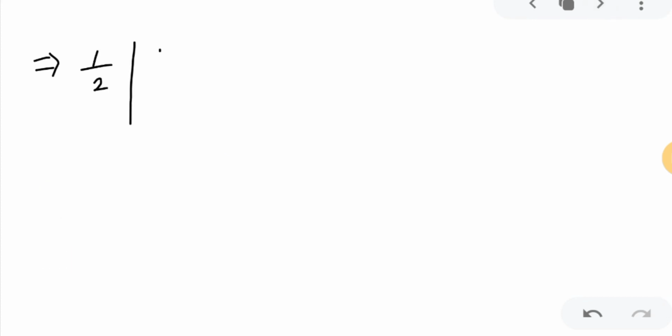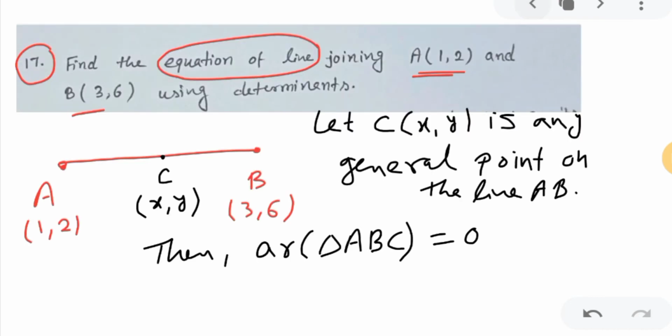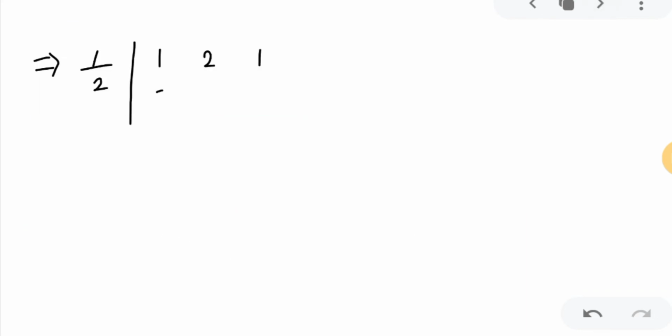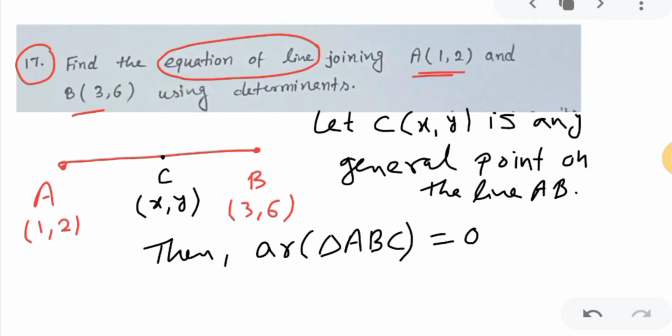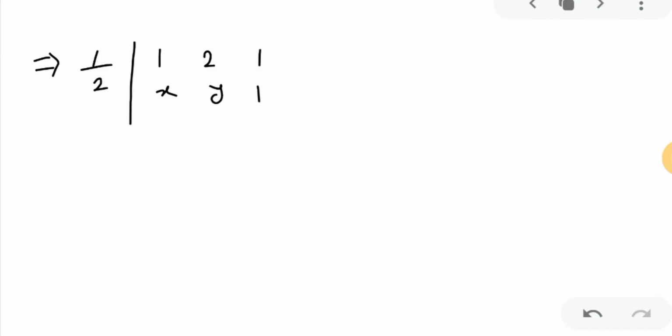Then x2 y2 1, where x2 y2 you can take as x, y, so x y 1. And x3 y3 1 means 3, 6, 1.